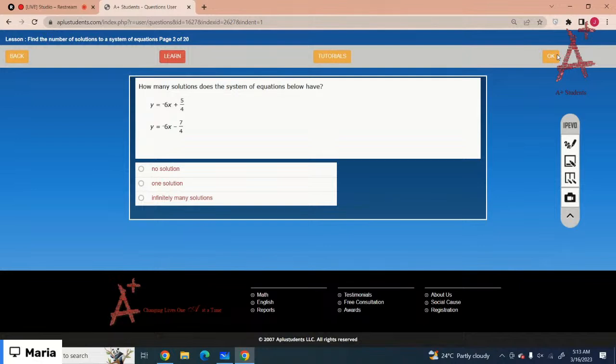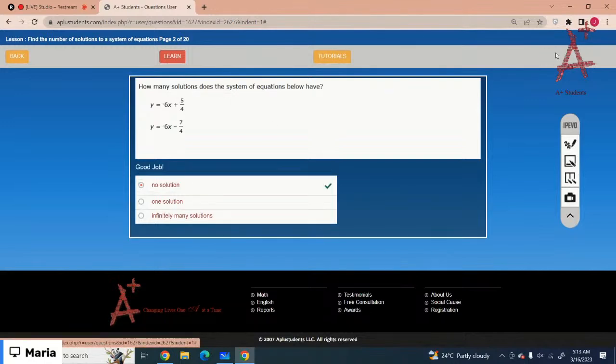If the slopes are the same and the y-intercepts are different, the system has no solution. The slope for both equations is -6, but the y-intercept is different. That means in this case the system has no solution. Got it?